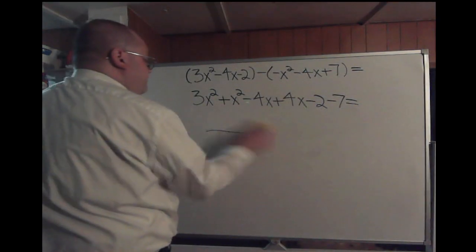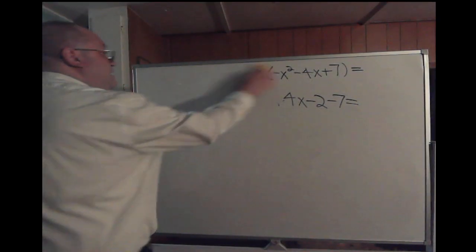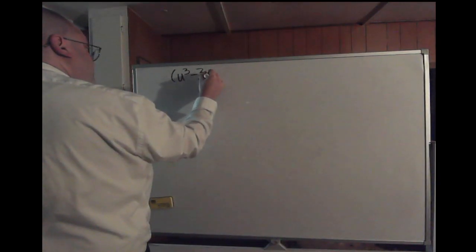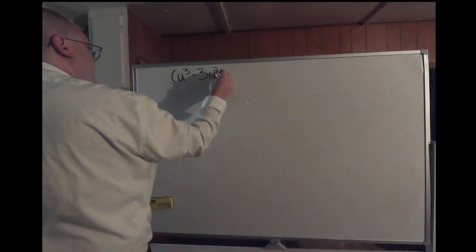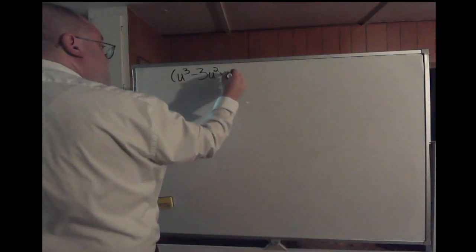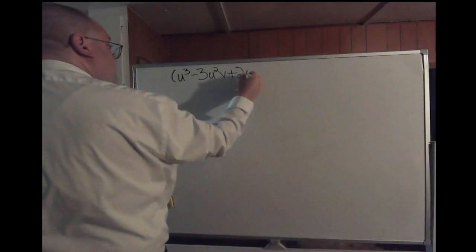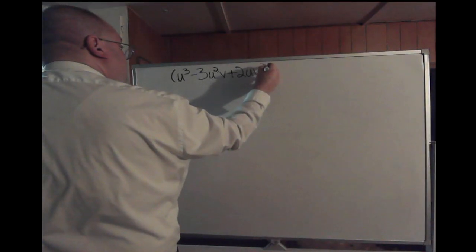Alright, for the final challenge here, I'm going to take it up yet another notch. Let's say you have u to the third minus 3u squared v plus 2uv squared.